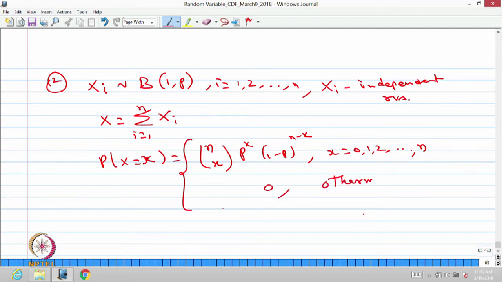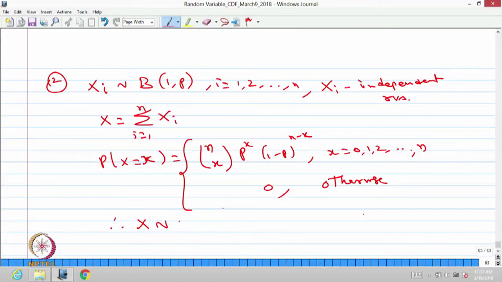Therefore, one can conclude that if you have n independent Bernoulli distributed random variables with the same parameter p, then the sum of n independent Bernoulli distributed random variables becomes a binomial distribution with the parameters n and p. So, we can say X follows a binomial distribution with the parameters n, p. This is a way one can create the binomial distribution with the help of a Bernoulli distribution.